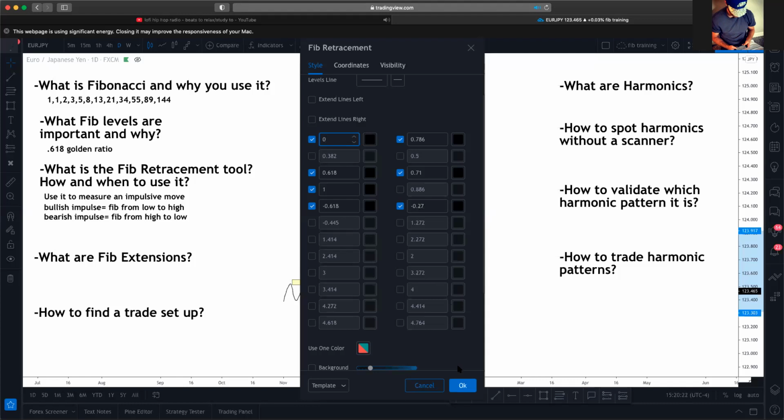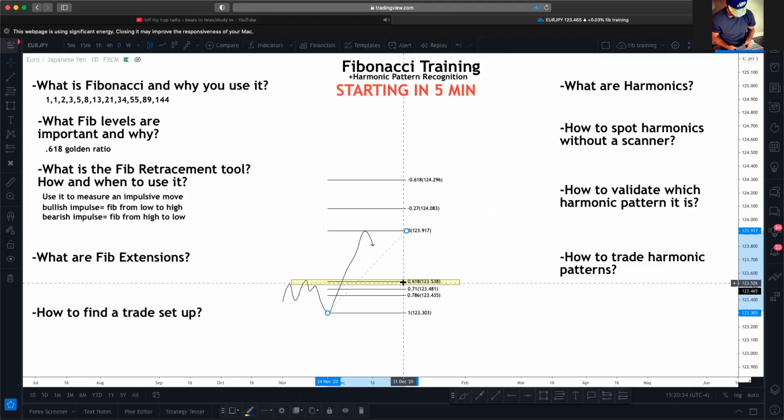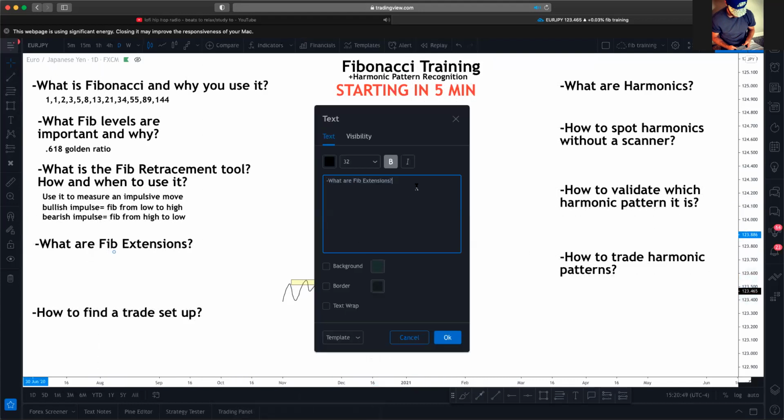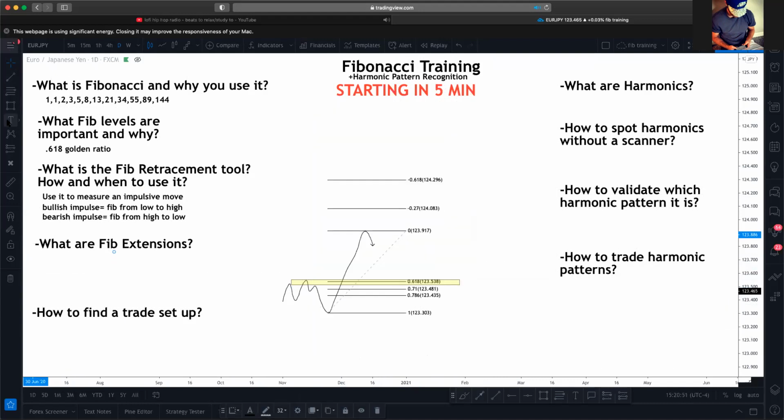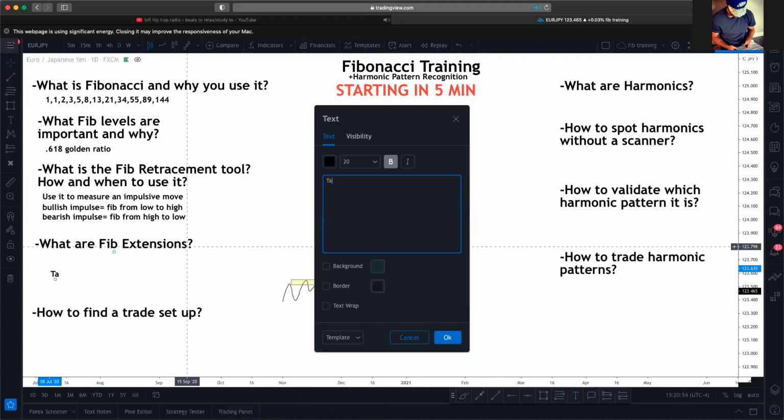You can use the fib extension tool as well. They have a tool for that, or you can just put the negative of what you're looking for on that. And so when price comes into the 61.8, I'm looking for it to pretty much respect here and head into these fib extension levels. And those are my targets. So fib extensions, these are the targets.